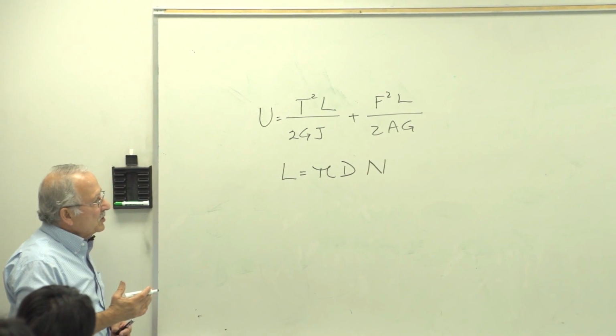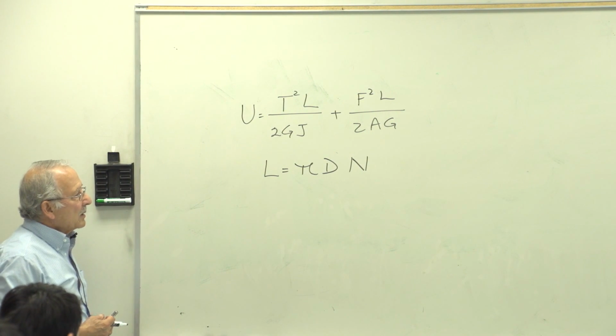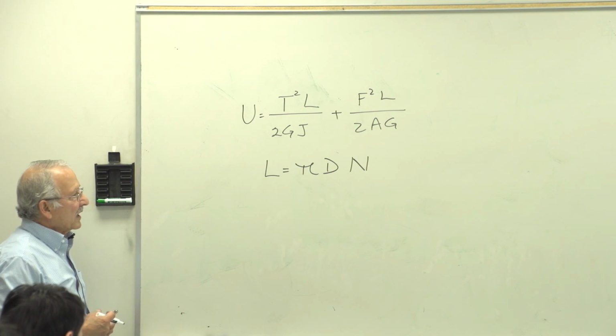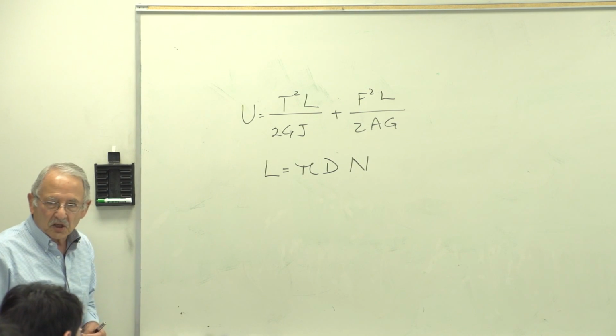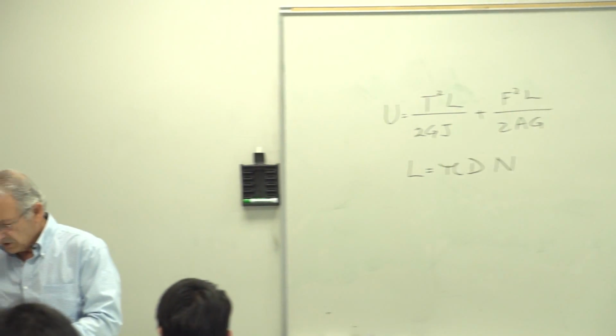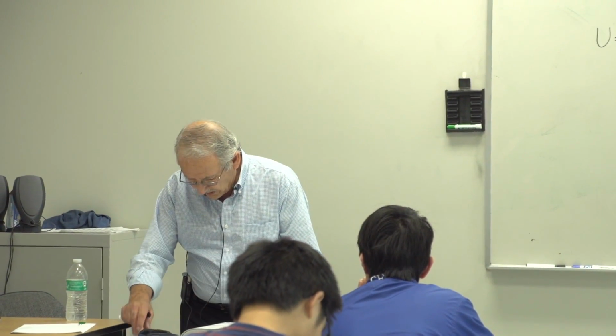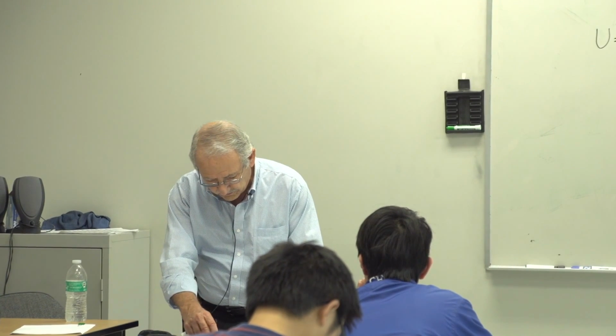Now, sometimes n is the number of coils. Sometimes we specify that as n sub a. I'm going to take a look at your book, see if they do say n sub a or not.